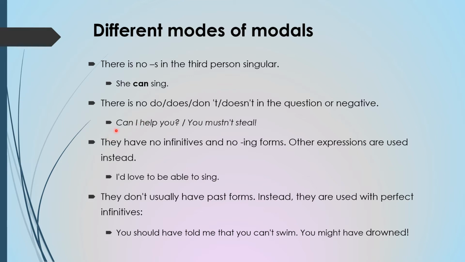So I cannot say "Can I do help you," or "Can I does help you," or "Can I don't help you." We cannot use these. And of course in the negative as well: you must not steal. There is nothing like "you do not must," or "you must do not," or "you do must not." So no do, does, don't, or does not in here.